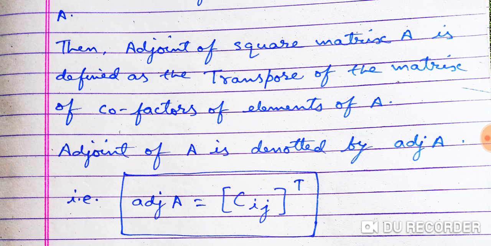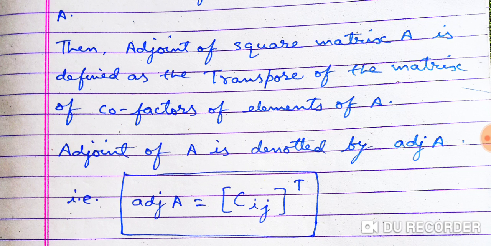Suppose A has elements A11, A12, A13, A21, A22, A23, A31, A32, A33. When we find the cofactors of each and every element of this A, the cofactors will be C11, C12, C13, C21, C22, C23, C31, C32, C33. These will be the cofactors of the elements of A.